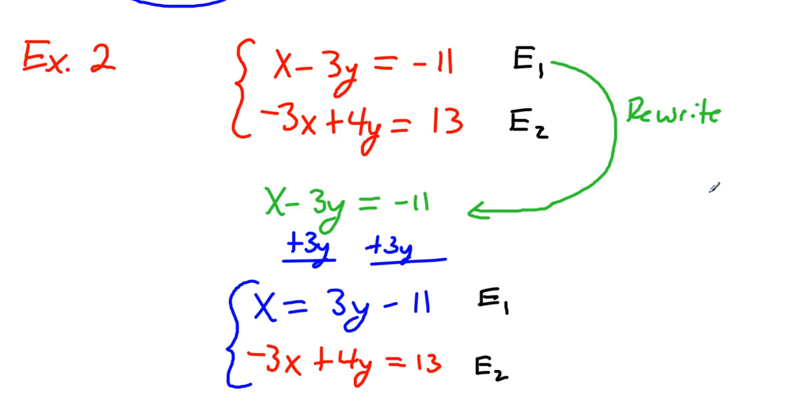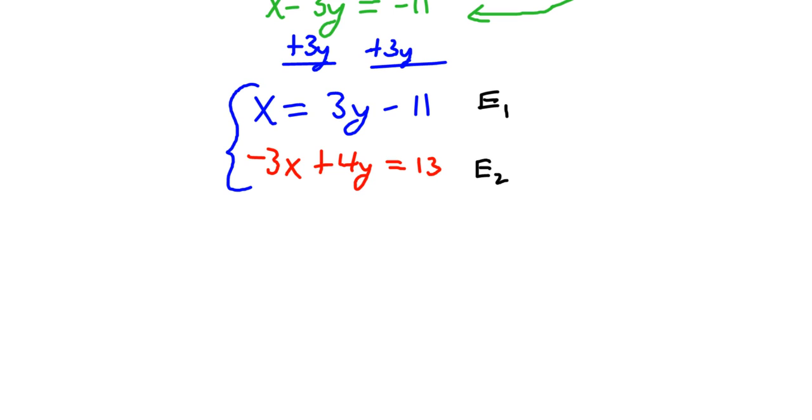So just take the first equation that's got x by itself, or in some cases y, and get that variable by itself. And once you do that, now it's set up so that you can actually do the substitution.